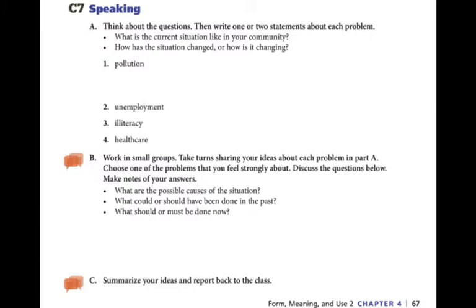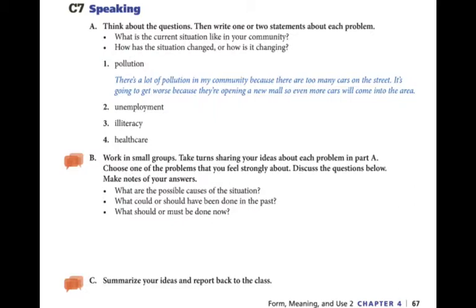Or how is it changing? For example, the topic of pollution. You might write, "There's a lot of pollution in my community because there are too many cars on the street. It's going to get worse because they're opening a new mall, so even more cars will come into the area."